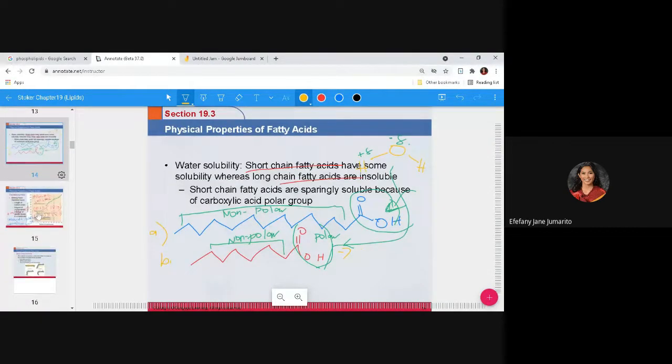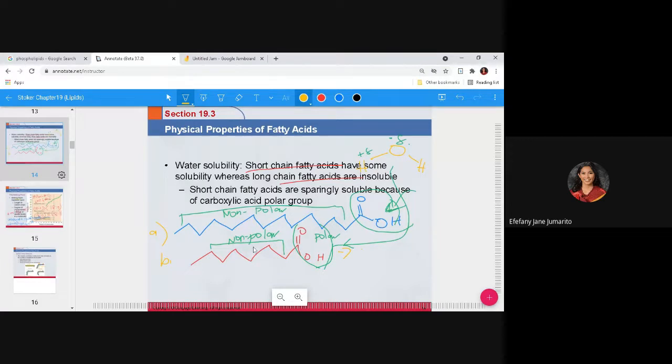Okay, again, your fatty acid has a polar head and a non-polar tail. When we say non-polar, is it soluble in water? No, ma'am.